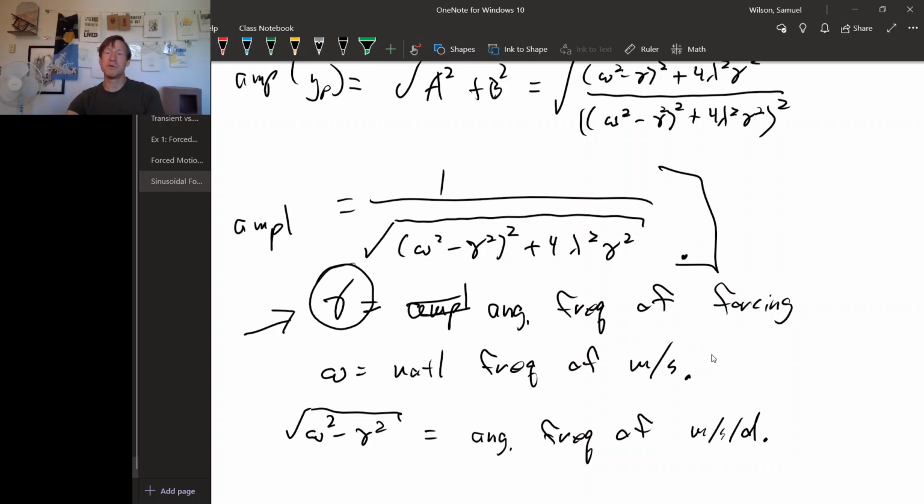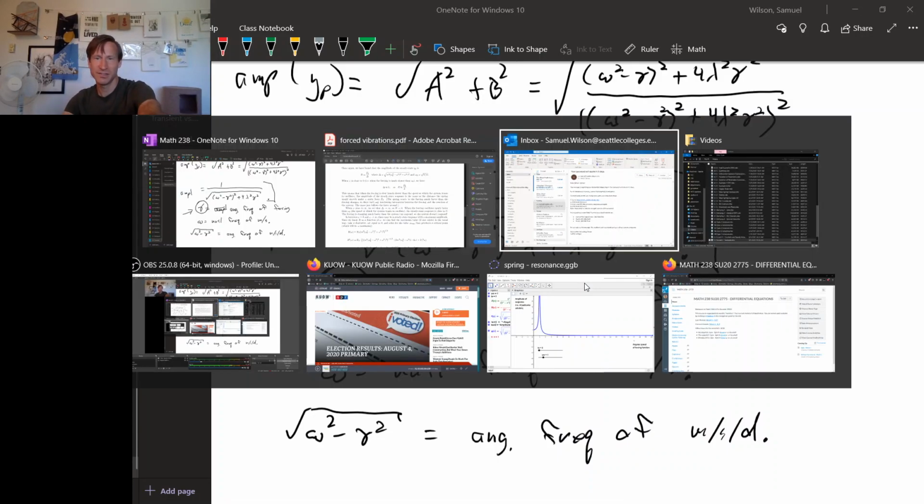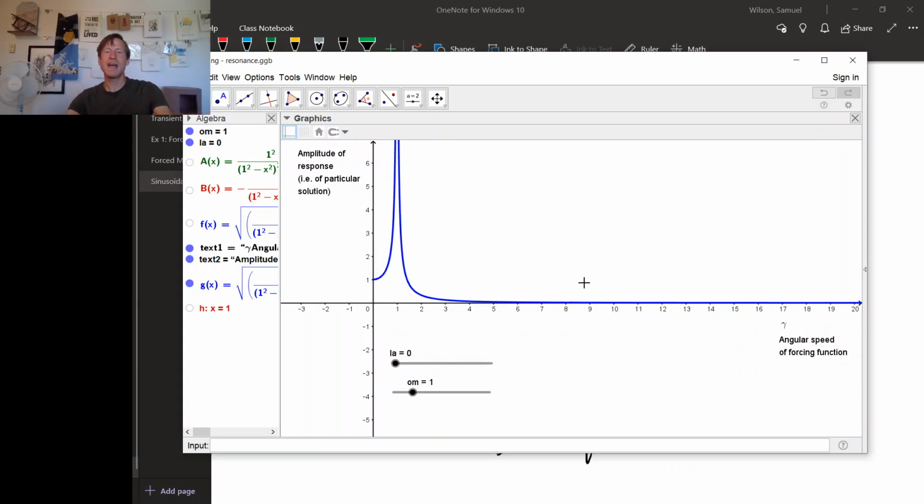What to do with omega and lambda? Well, we're just going to choose some numbers. Here I have a graph of what that function looks like. Right now I have omega set as 1 and lambda set as 0. And on the horizontal axis, this is gamma, the angular speed of the forcing function.